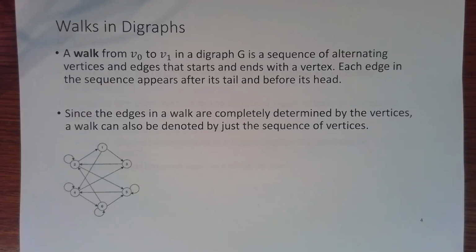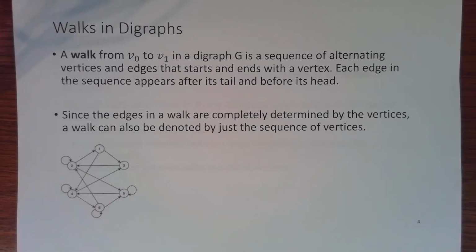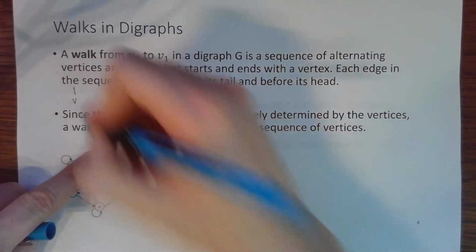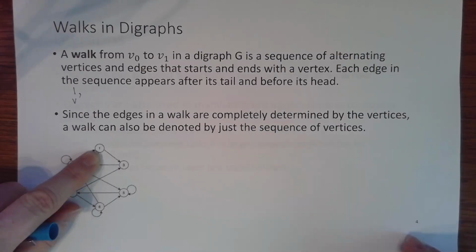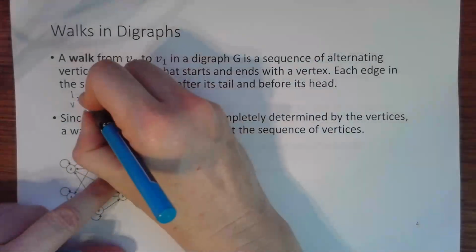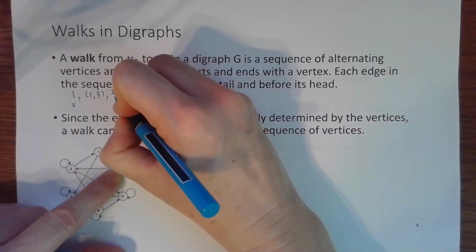So let's say that I wanted to take a walk from vertex 1 to, let's say, vertex 5 in this graph. So I could start at vertex 1. Okay, so that's a vertex. And next I would have to go over an edge. So let's say I go over edge 1, 3. And now I'm at vertex 3.